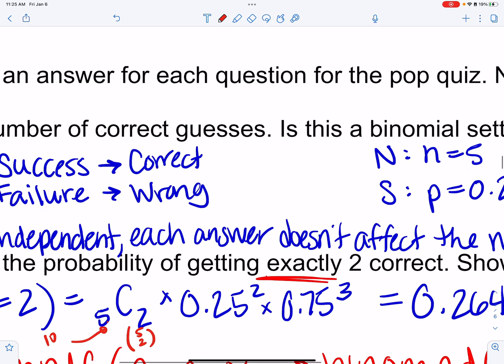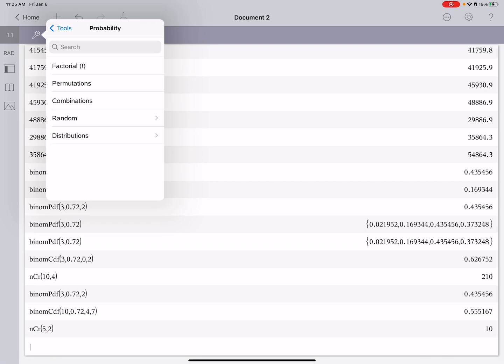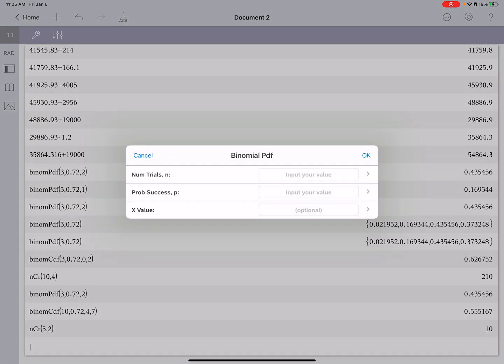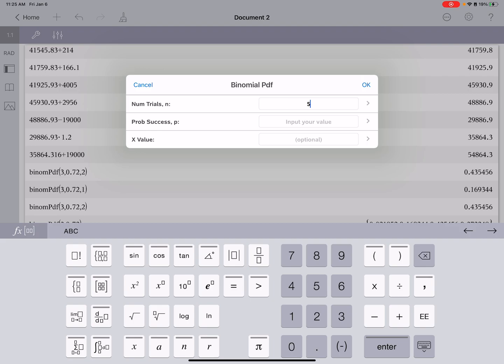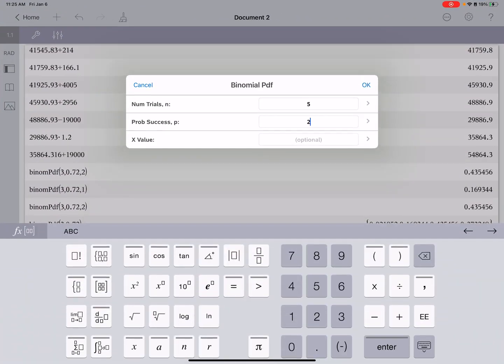I also showed you how to use the binomial calculator, so let's check it out. On the binomial calculator, we would go to menu, statistics, distribution menu, and go to binomial PDF. All right, remember I have how many trials? 5. And the probability of success is 0.25.